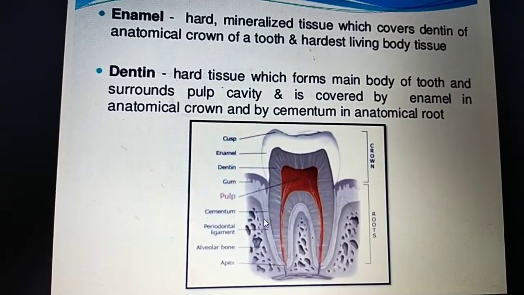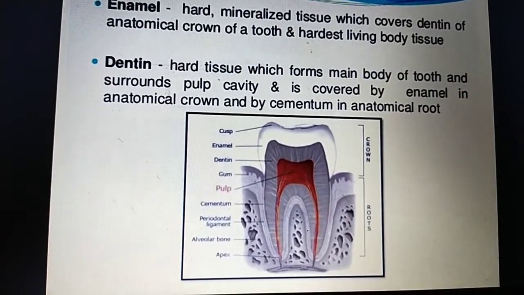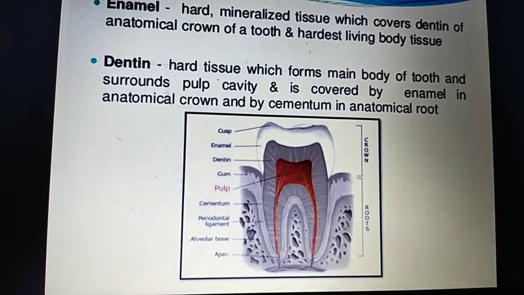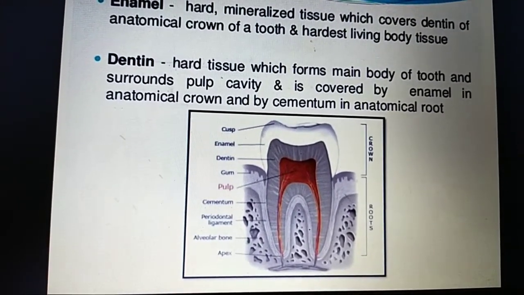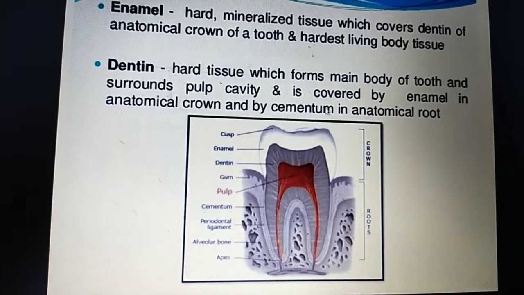The dentin is a hard tissue which forms the main body of the tooth, and it surrounds the pulp cavity and is covered by the enamel in the anatomical crown and by the cementum in the anatomical root.